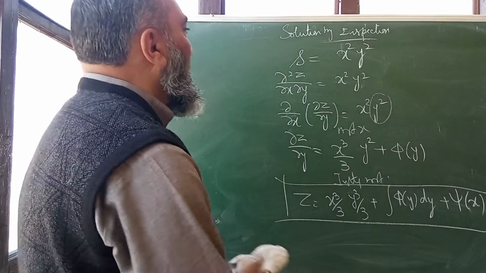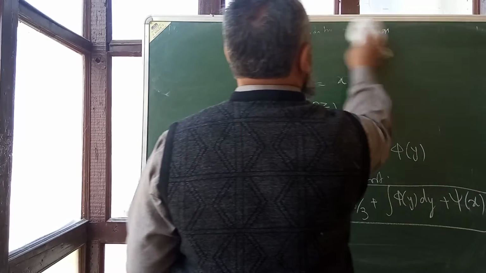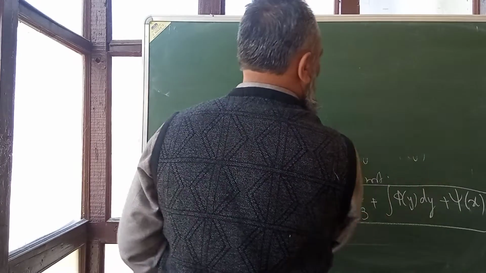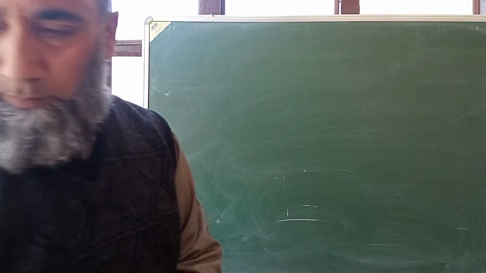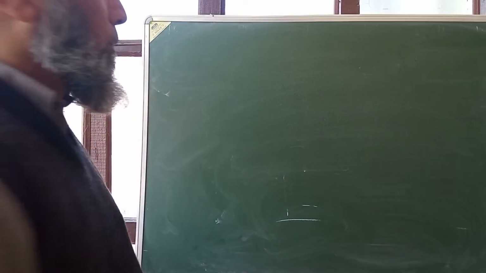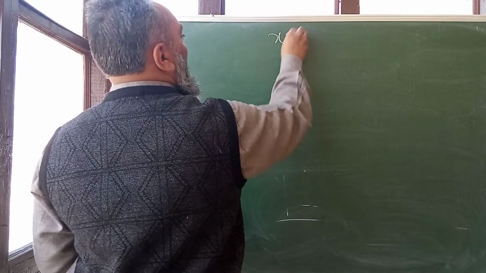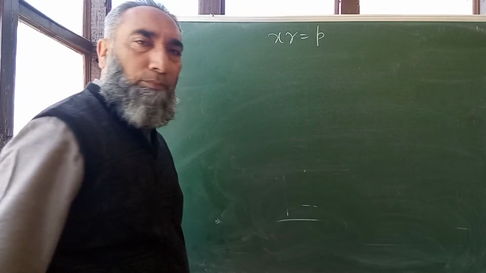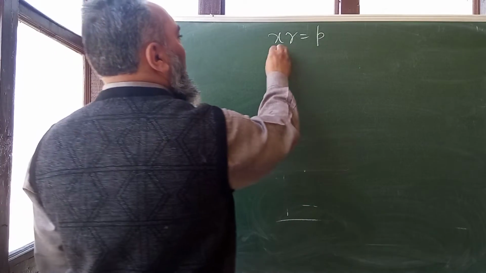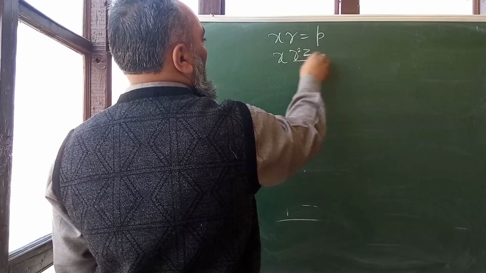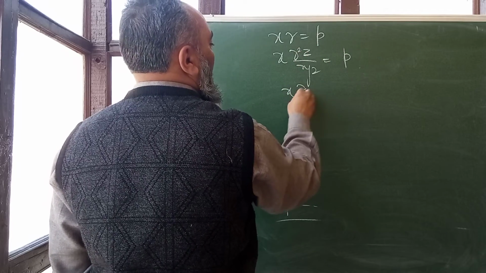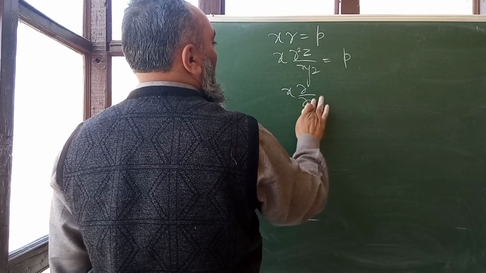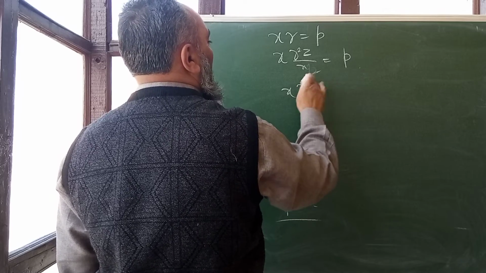Okay, let me take one more question. Say you have xr equal to p. What is r? You can write it as del p by del x, since r is with respect to x.